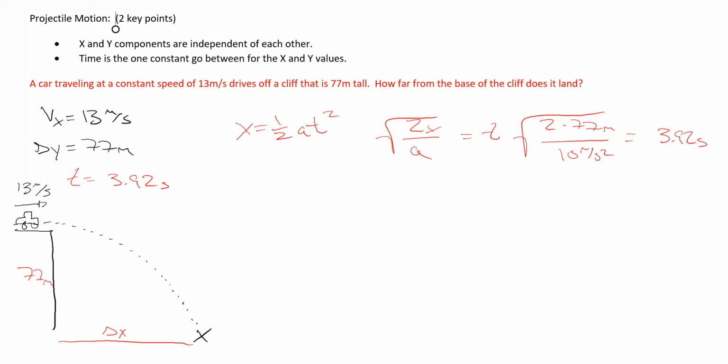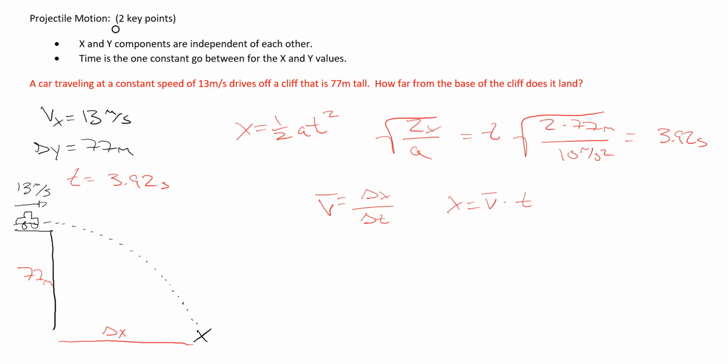Now when it was falling straight down, it was also moving to the right. And every second it moved 13 meters to the right. So average velocity is equal to the change in distance divided by the change in time. So if I'm looking for the change in distance in the x, x is just equal to average velocity times time.